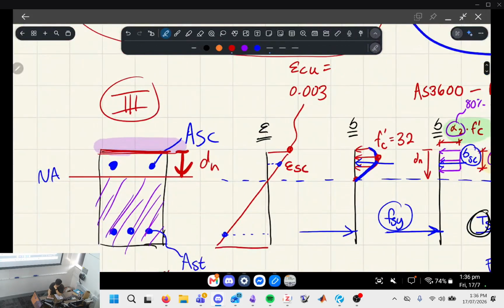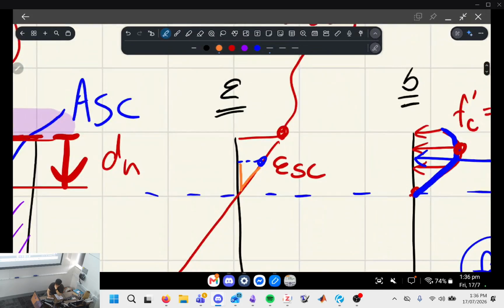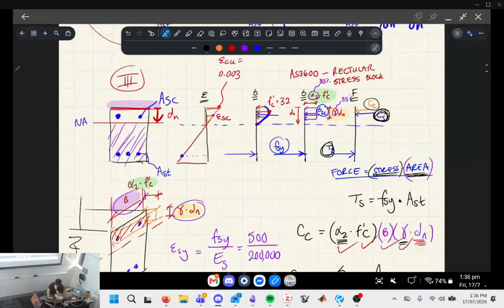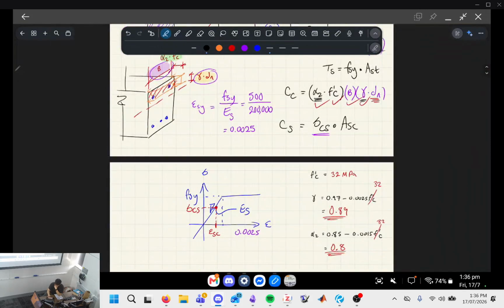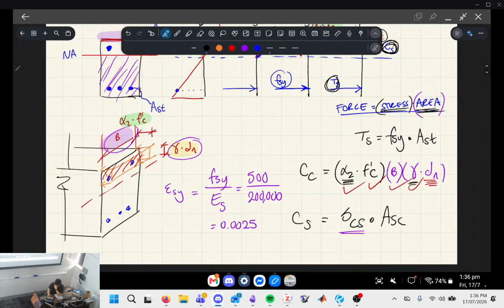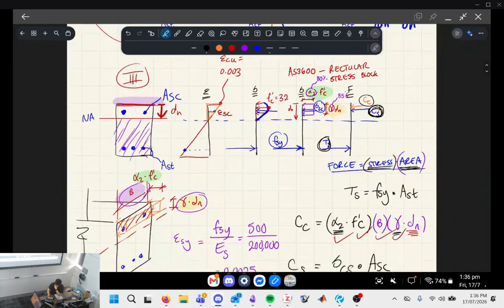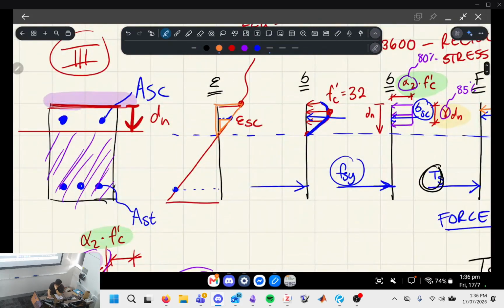We can find this through similar triangles. This triangle has the same slope as this triangle. So we know what this ratio is, right?